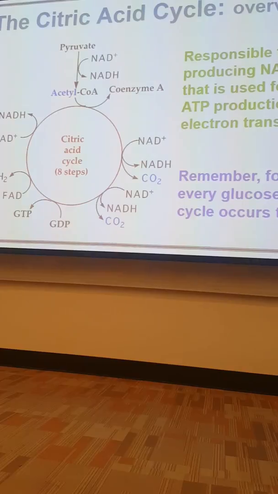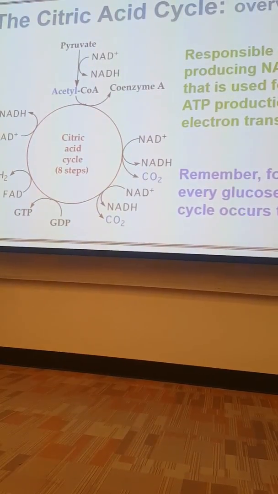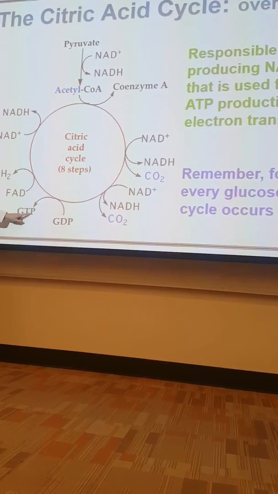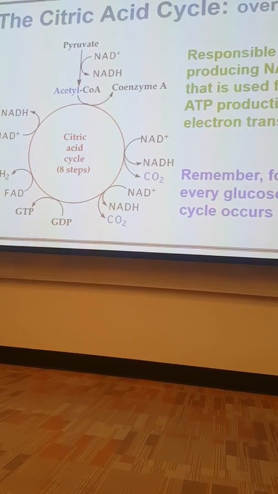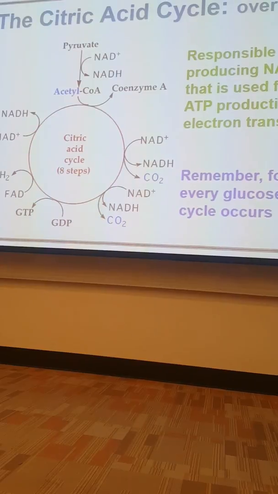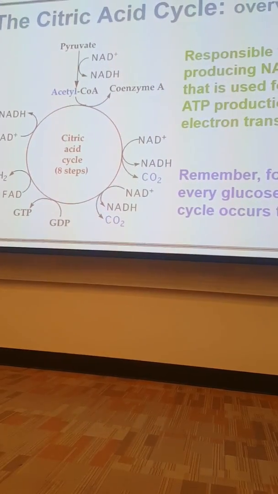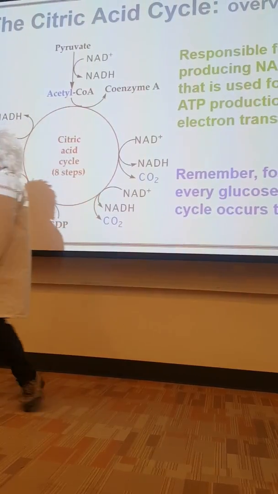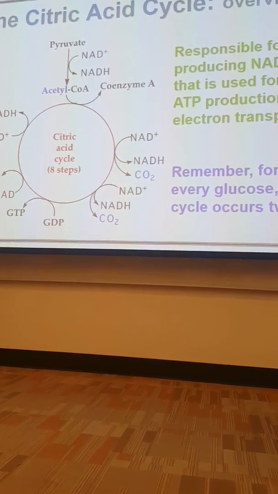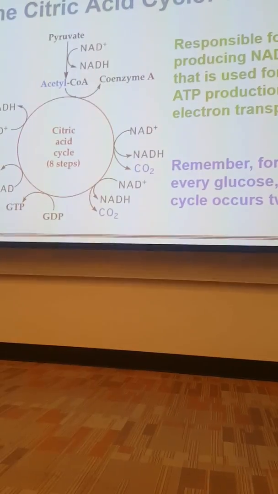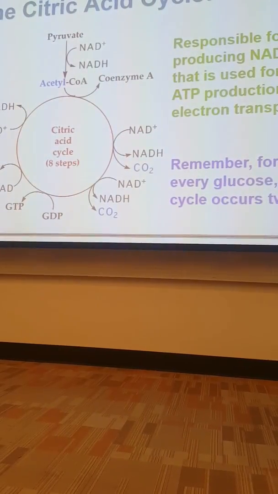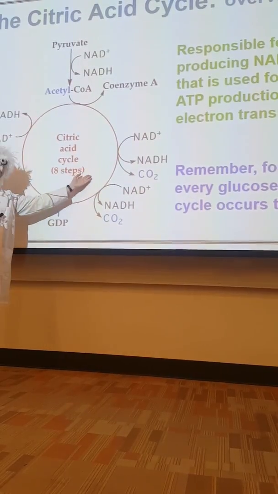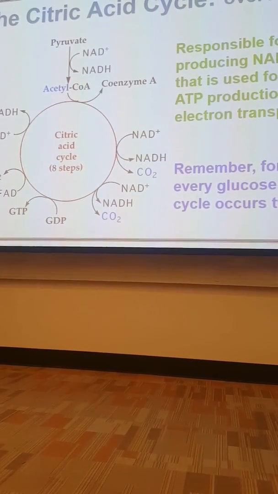So one pyruvate going through this cycle is going to make 11.5 ATP from electrons and an additional ATP in the form of that GTP. So notice one pyruvate going through this cycle is going to give you 12.5 ATP. I told you that glycolysis going to 2 pyruvate only gets you 2 ATP. This happens twice for every glucose. So you can see you're going to get 25 ATP just out of this process.